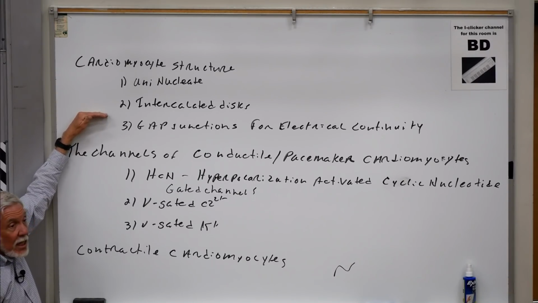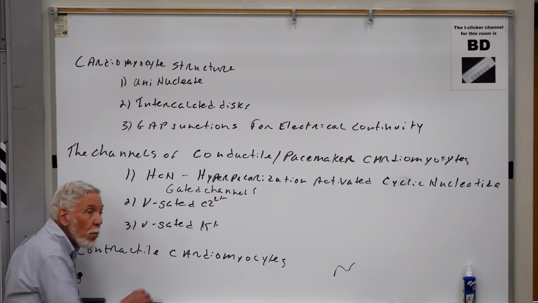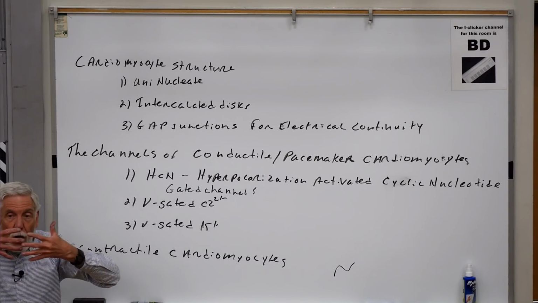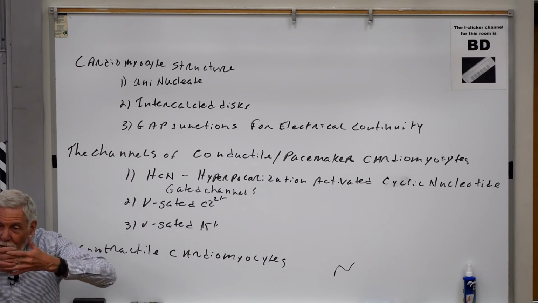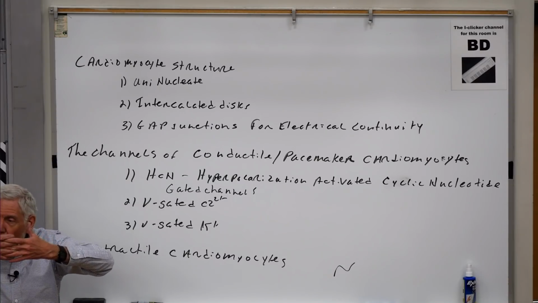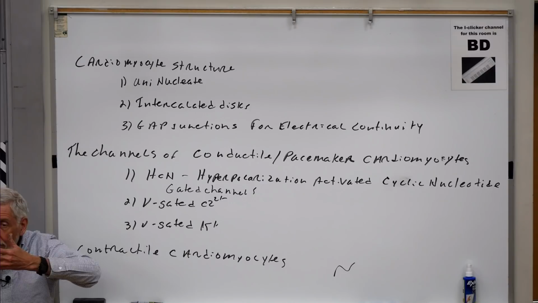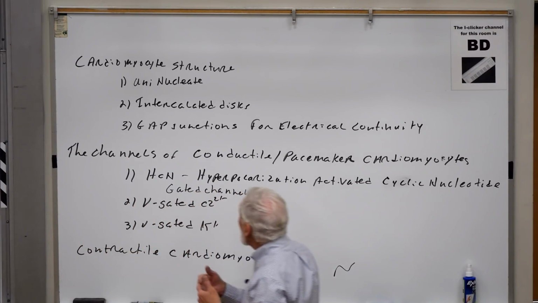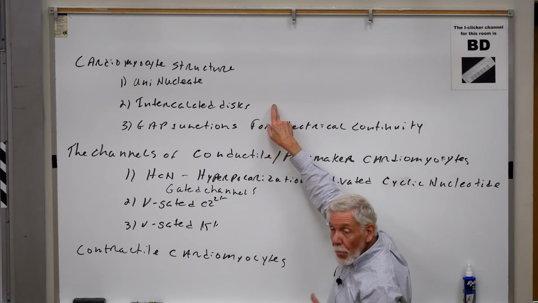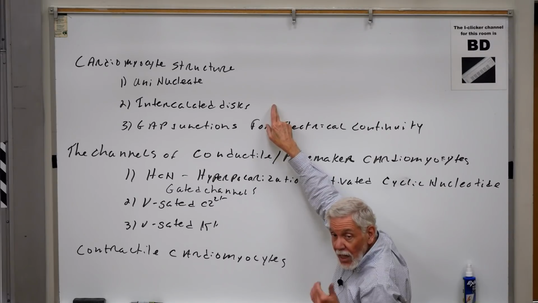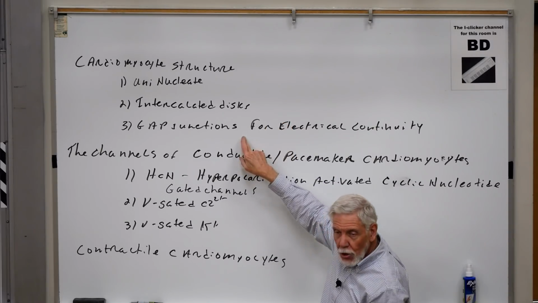The intercalated disks are sites where the plasma membranes of adjacent cardiomyocytes will interdigitate. They're effectively fingers of plasma membrane of adjacent cardiomyocytes that interdigitate one with another. Those fingers are held together at intercalated disks by desmosomes, but more important than desmosomes, there are gap junctions.